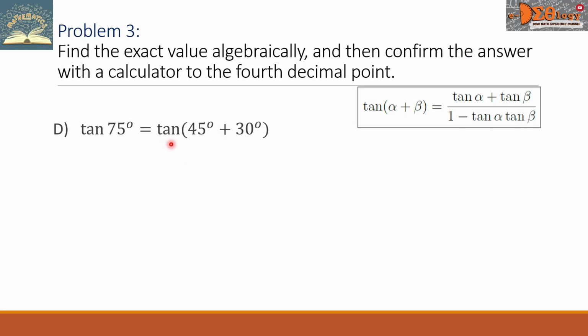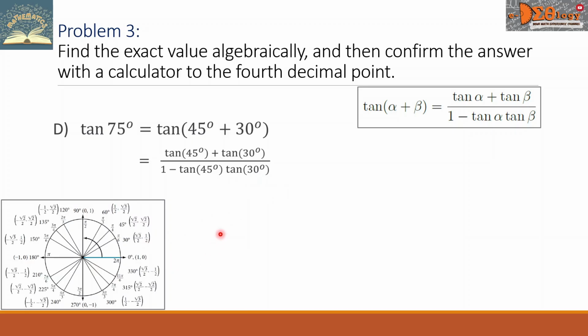Therefore, the expression tangent 45 degrees plus 30 degrees is now equal to tangent 45 degrees plus tangent 30 degrees all over 1 minus tangent 45 degrees times tangent 30 degrees.